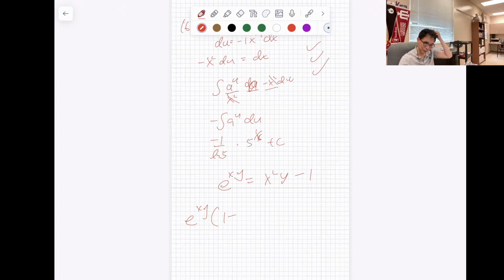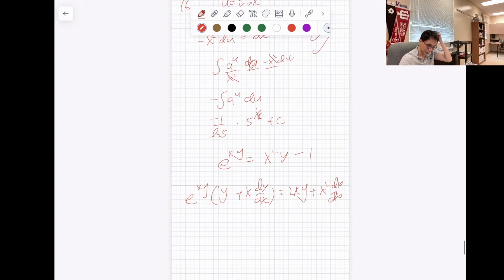How to do: y plus x dy dx equals 2xy plus x squared dy dx. So that ends up being e to the xy times y plus x e to the xy dy dx equals 2xy plus x squared dy dx.